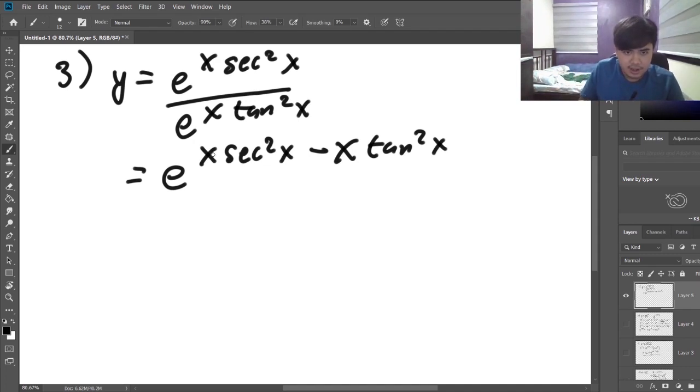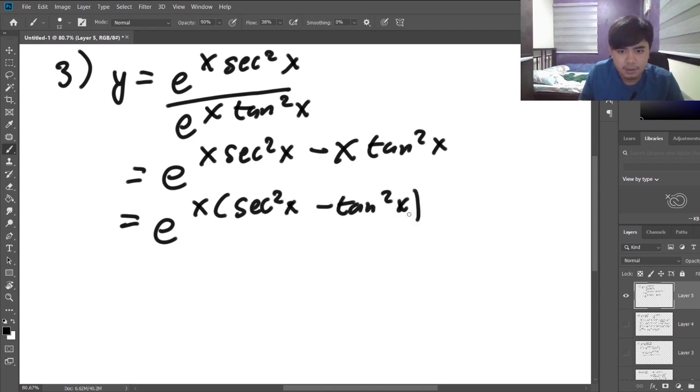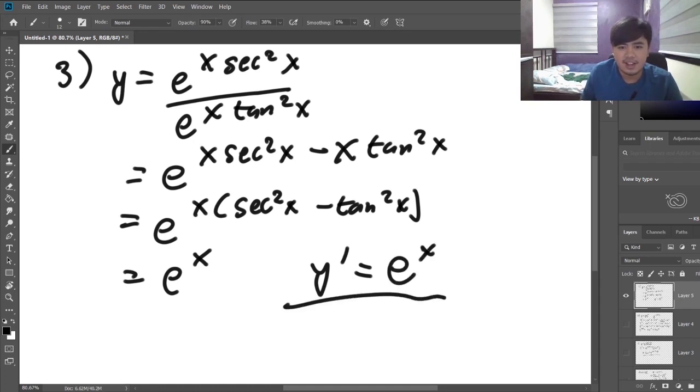We can extract x on the outside, so we get e to the x times secant squared x minus tangent squared x. What do you know? Secant squared x minus tangent squared x is just equal to 1. So this is equal to e to the x times 1. The derivative of that is going to be e to the x. And that's your answer. That's it.